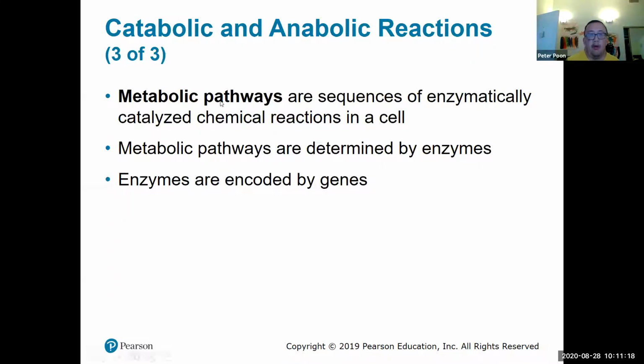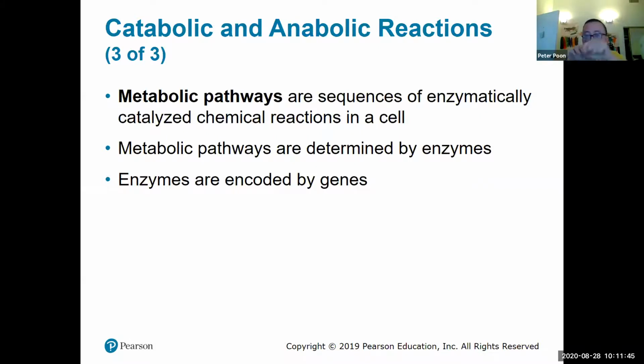Metabolic pathways are sequences of enzymatically catalyzed chemical reactions within a cell. What that means is you never go from A to Z in one single step. You go from A to B, and that A to B is encoded by an enzyme. That enzyme is encoded by a gene.